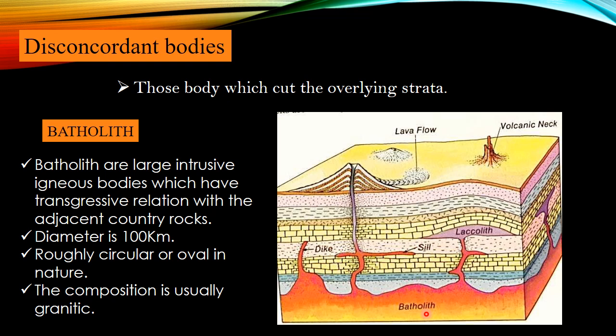So the batholithic body is of granitic composition and it is spread all over beneath the earth's surface, and this is a type of discordant body and the name is batholith.